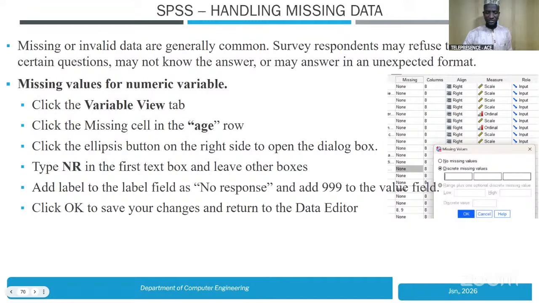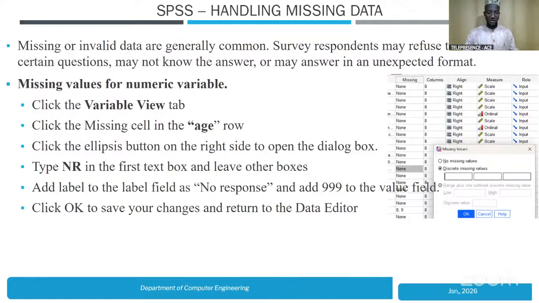So let's now look at the last aspect of our SPSS course for today. How do we handle missing data? Because one thing that is very common is that when surveys are carried out, we normally have missing data, either because people do not know how to respond to the questions there, or they just feel like they don't want to answer that particular question.